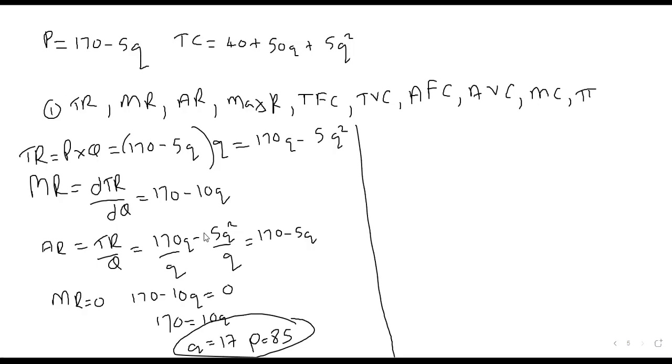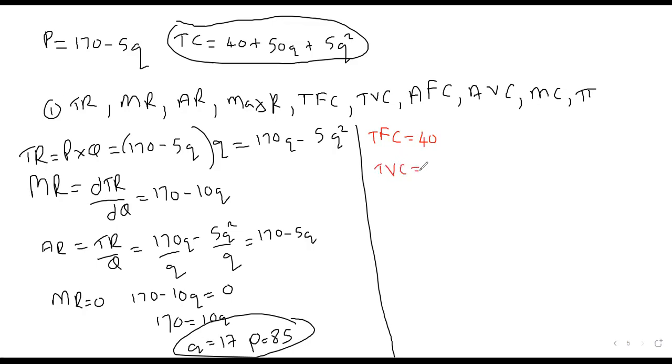Then we go to the total fixed costs. So since this is our total cost function, we can easily identify the fixed cost and the variable costs just by looking. So what is our total fixed cost? The constant part of it. So here we're going to have what? 40. What is the total variable cost?